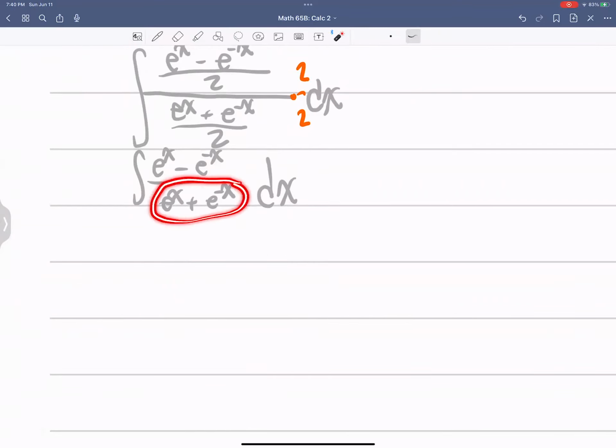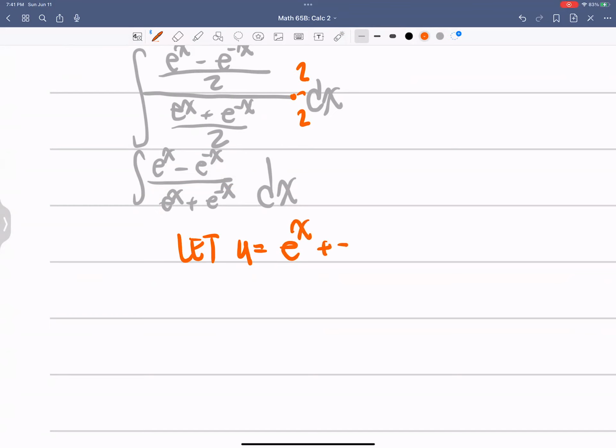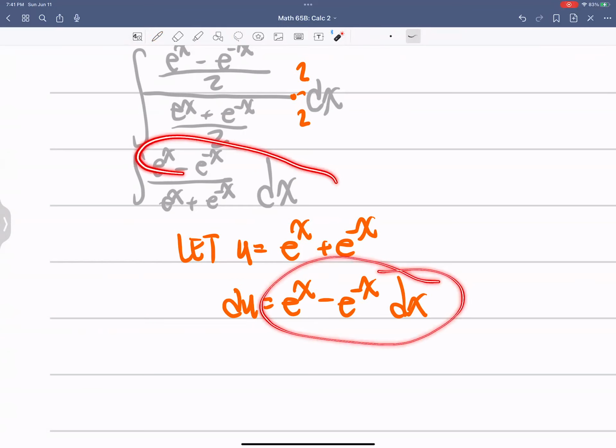The fun part is if we differentiate the denominator, we end up with the numerator. So what I want to do is let u equal e to the x plus e to the negative x. du is equal to e to the x minus e to the negative x dx, and that's exactly what we have in the numerator.